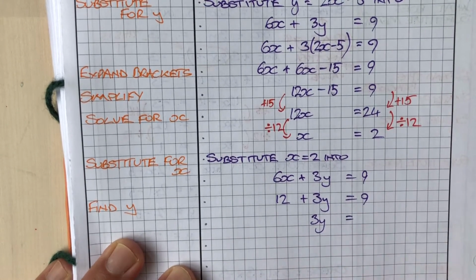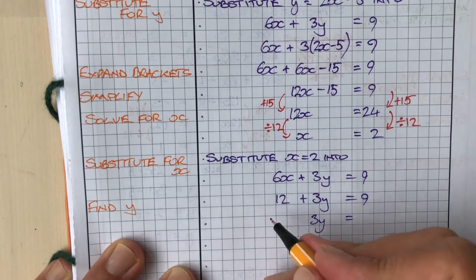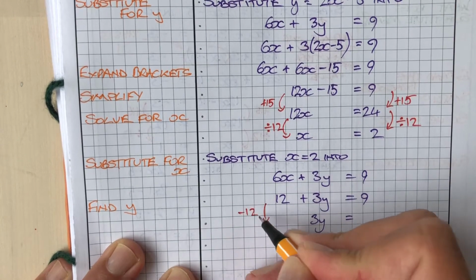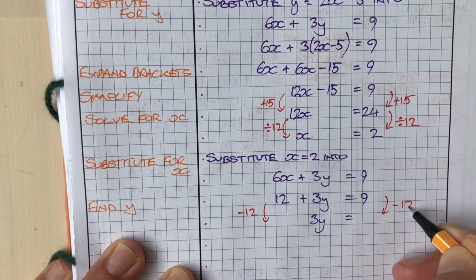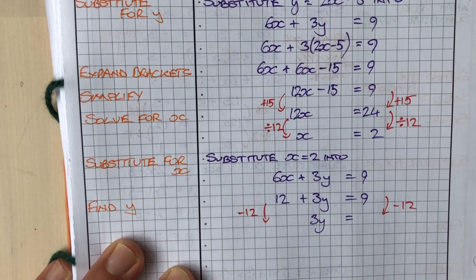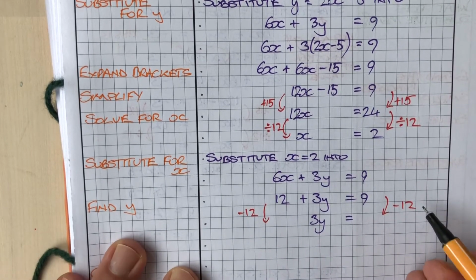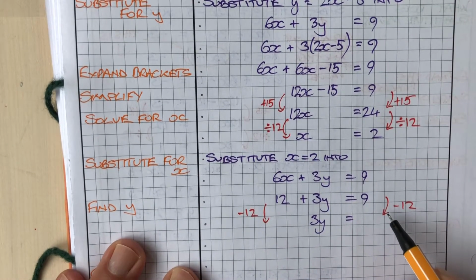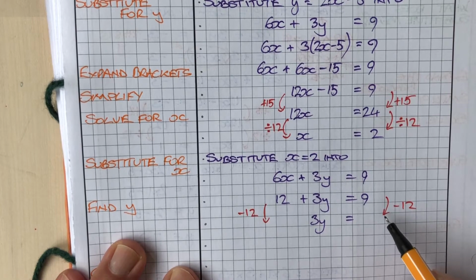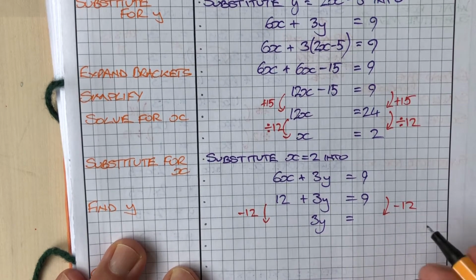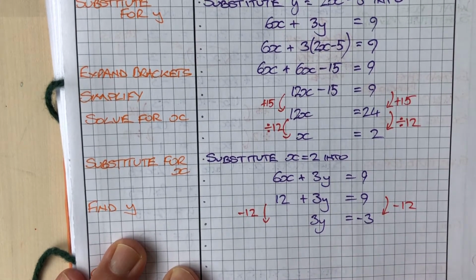3y on its own means I've taken away 12 from here, so I take away 12 from here. 9 take away 12. Well, 9 take away 9 would be 0, so I've got 3 more to take away. That's going to bring me to negative 3.